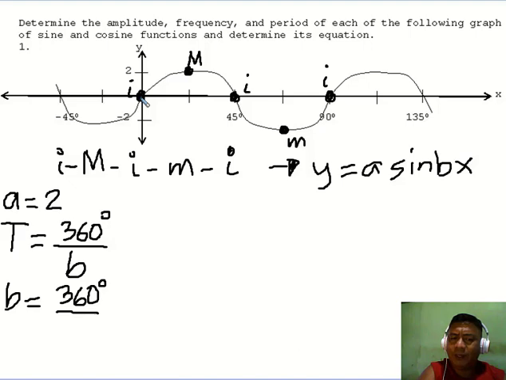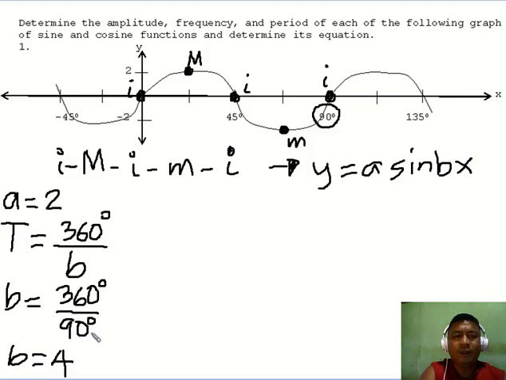If we determine one cycle of the graph, which is T, from this point to this point, we actually have 90 degrees. Take note, the period T is simply 90 degrees. So let's have 360 degrees divided by 90 degrees. So B is simply equal to 4.